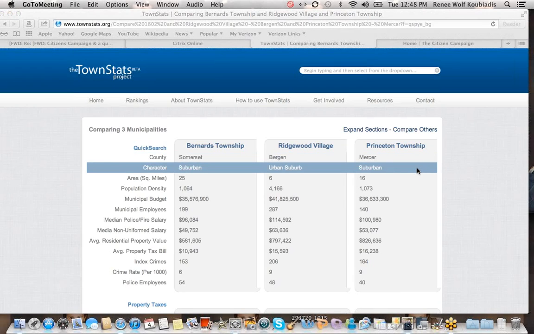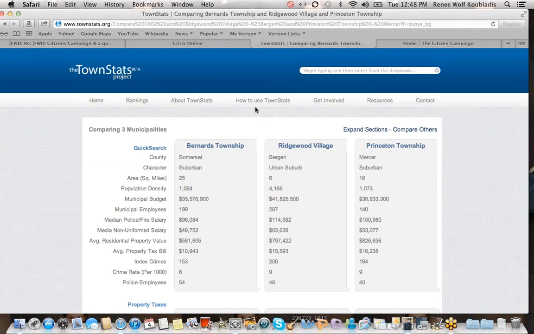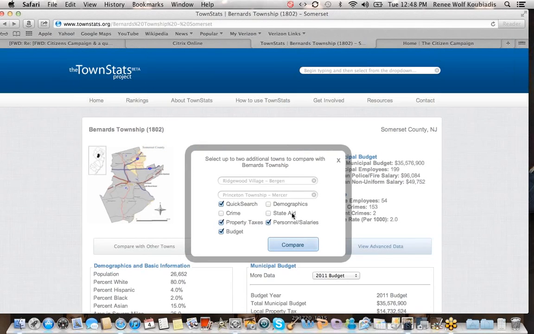Melissa Honahan asks, in what ways have you seen people use this feature? It's been used for comparisons for potential cost savings. If we go back, for example, let's take a look at the merger that is currently going on, which involves Princeton Borough and Princeton Township.